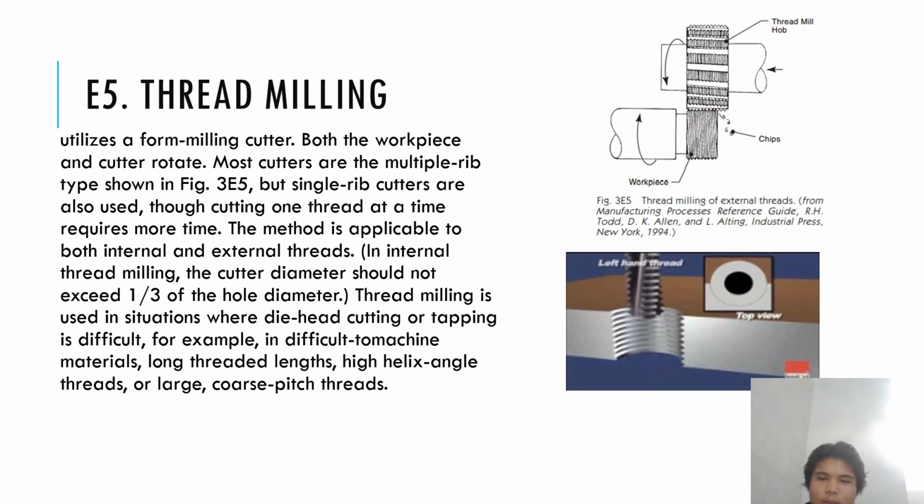This is the cutter, and it moves like what I said here. You can see it moves radially and cuts the diameter. So that's the point. We're going to continue.